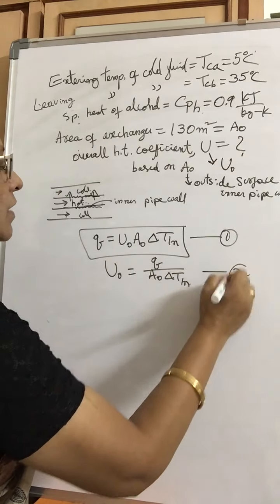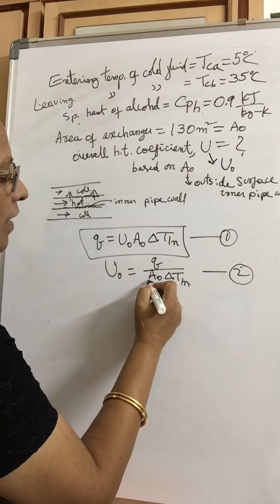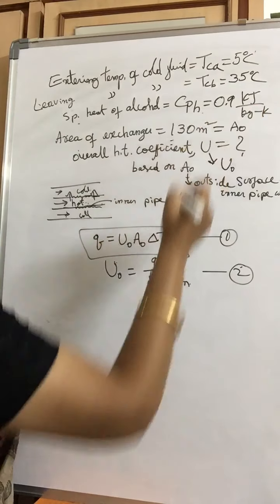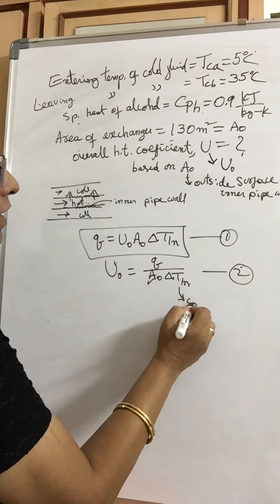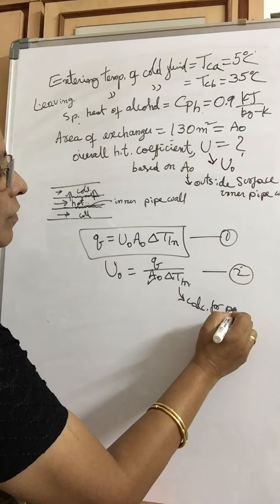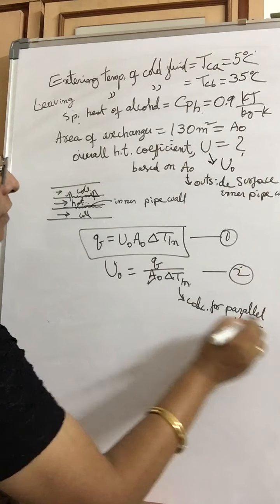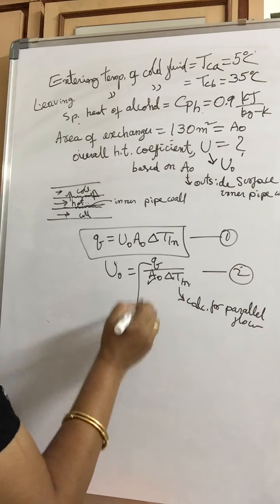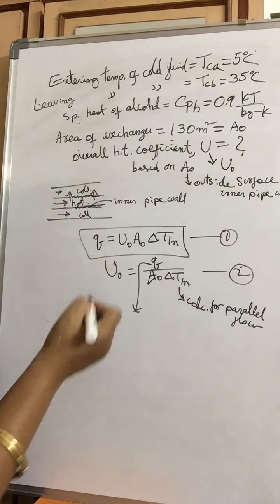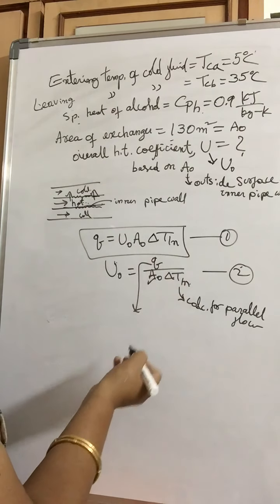So this is the second equation. Using this you can calculate. A naught is already given. And delta T ln, calculate delta T ln for parallel flow. Then Q, how to calculate? Based on the information, you can use the equation. What information is given?